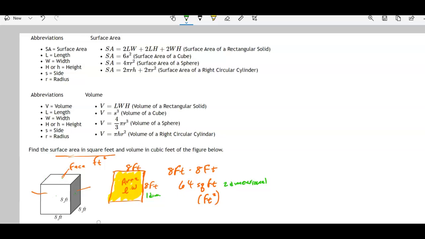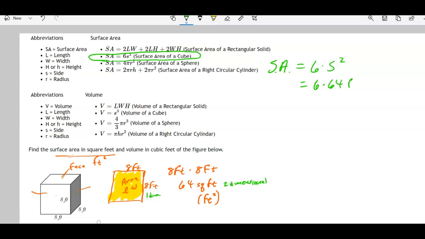So the surface area of a cube is 6 times s squared. Notice that s is the 8 feet, the length of the side. So the surface area is equal to 6 times s squared, and that's 6 times 64.